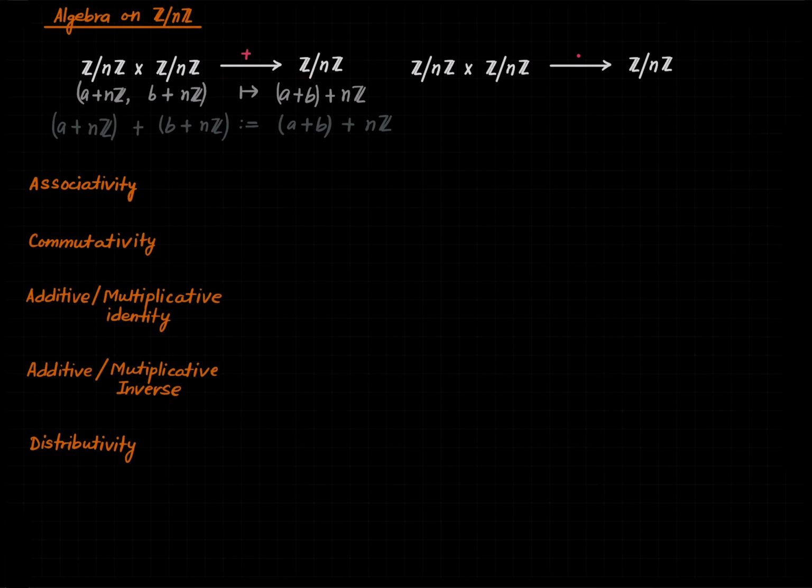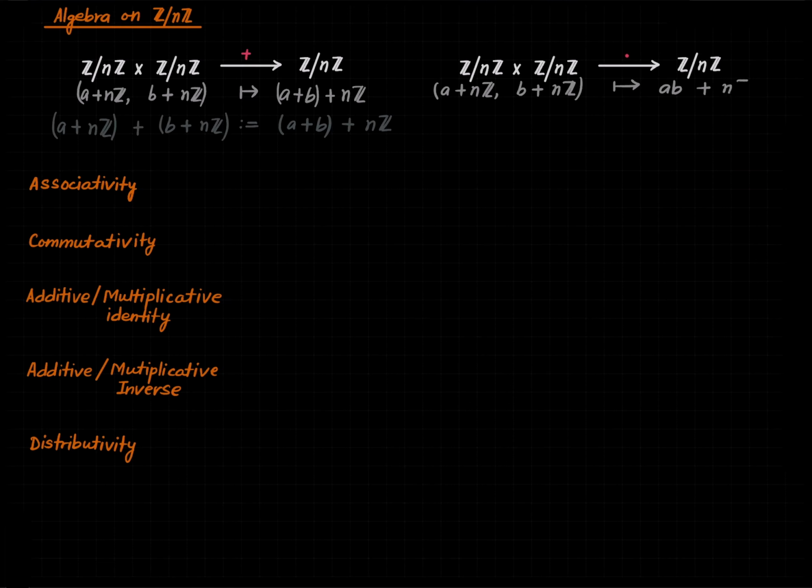And similarly, we have products. So we can also multiply things in Z mod nZ. Here (a + nZ, b + nZ) maps, as you can guess, to: just multiply a and b in the natural way and then write plus nZ.